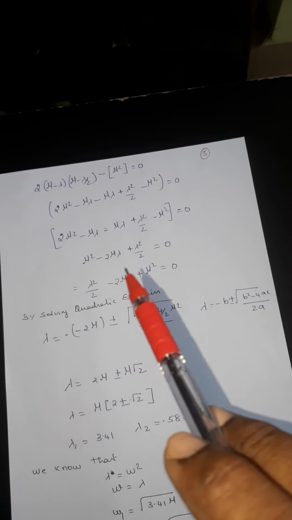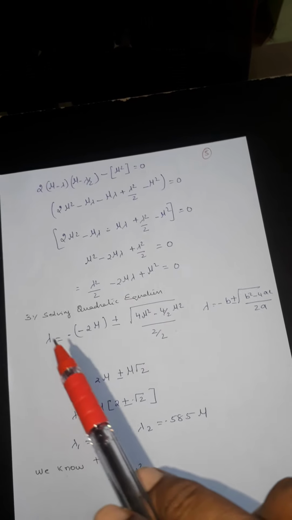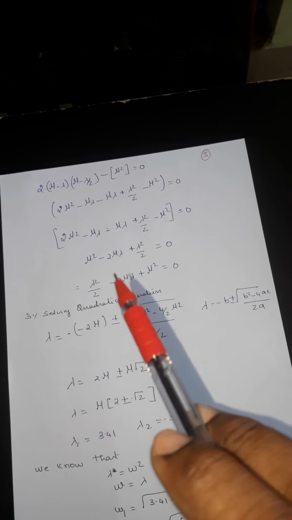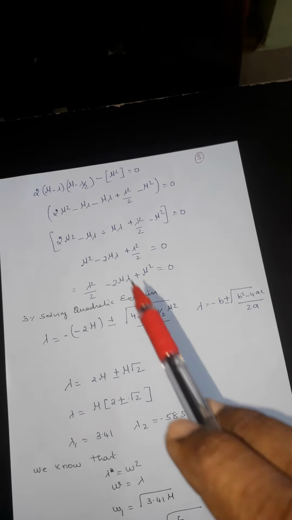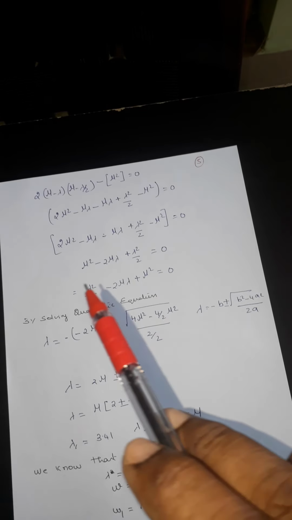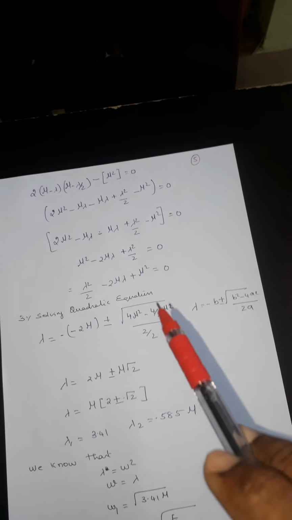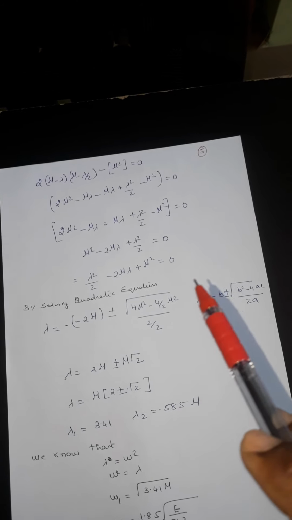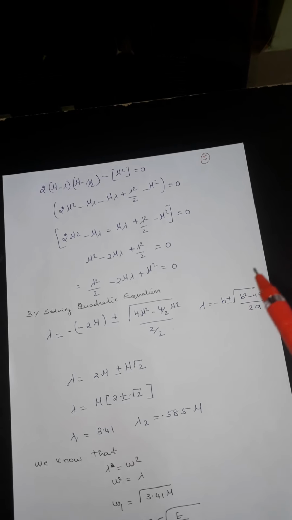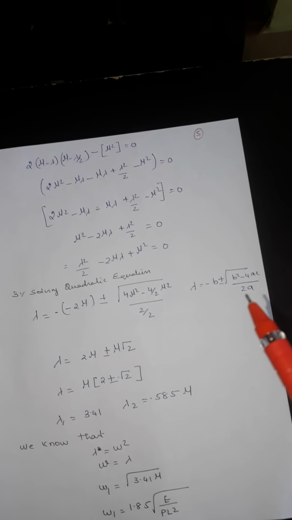Here we have to find lambda. Minus 2 mu is the b, a is mu, and c is lambda square by 2. In that way you substitute: a is equal to what, b is equal to what, c is equal to what, then substitute in the equation.